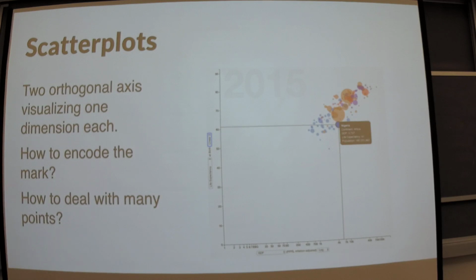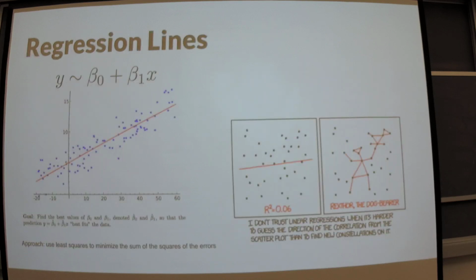So how do we encode the mark is one question, and how do we deal with many points? One thing that is also useful if you show scatter plots is to use regression lines. We also talked a little bit about regression by eye. People are actually very good at visually fitting this regression line, even if they don't have a mathematical regression line.